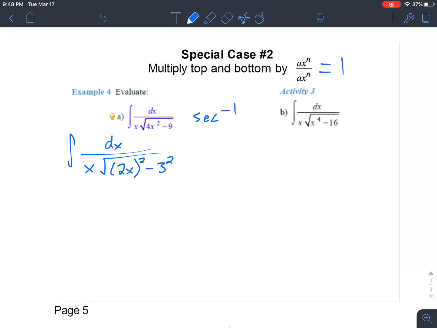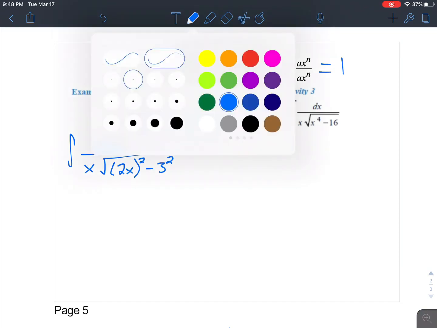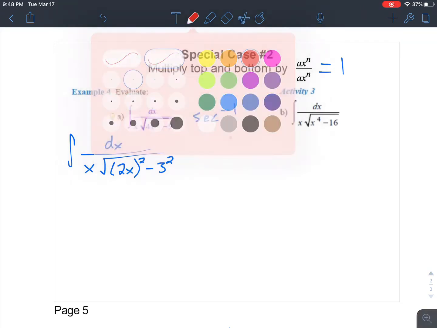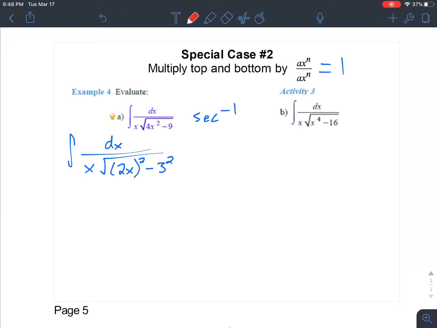So what I'm noticing is that our 2x doesn't match what we're supposed to have out in front, because that's just an x. So what we need to do, one thing is that u substitution would kind of fix this anyway. Well, not really.